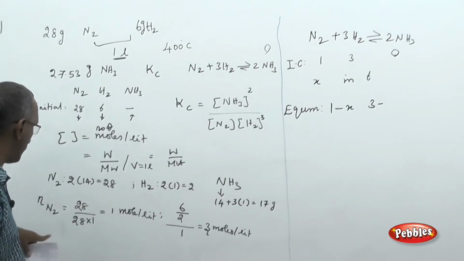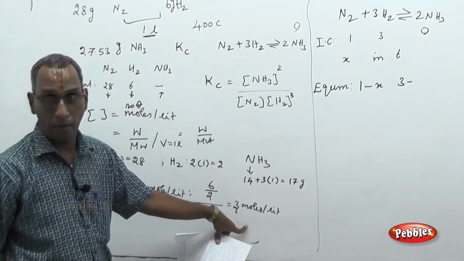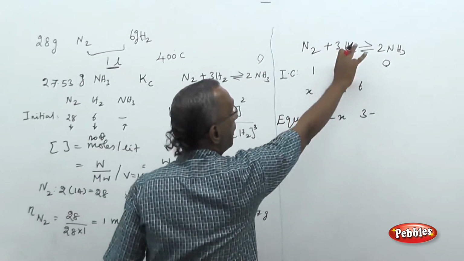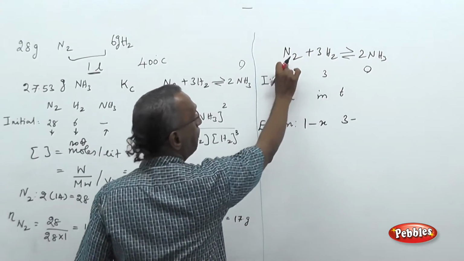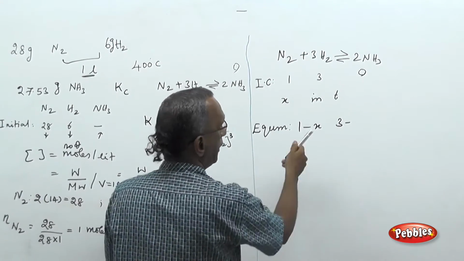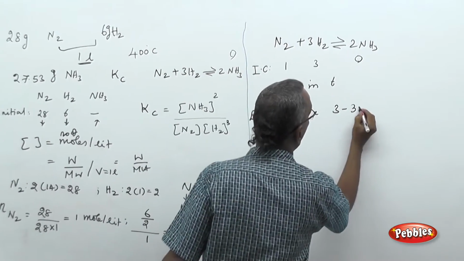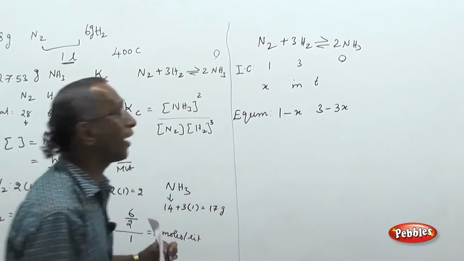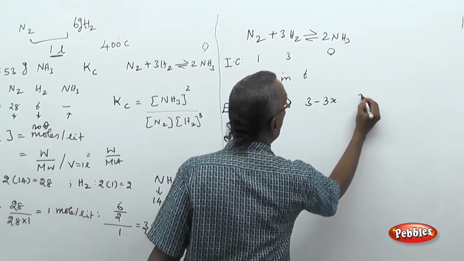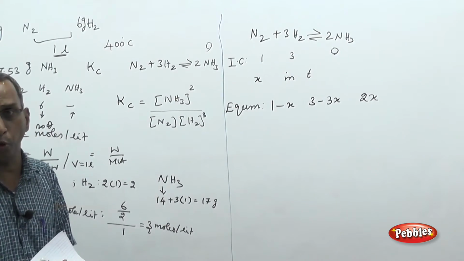Here for hydrogen they have given 3 moles. As per the stoichiometry, 1 part of nitrogen consumes 3 parts of hydrogen. So X moles reacted means 3X moles of hydrogen have been consumed and 2X moles of ammonia would be formed. It is just a proportion.